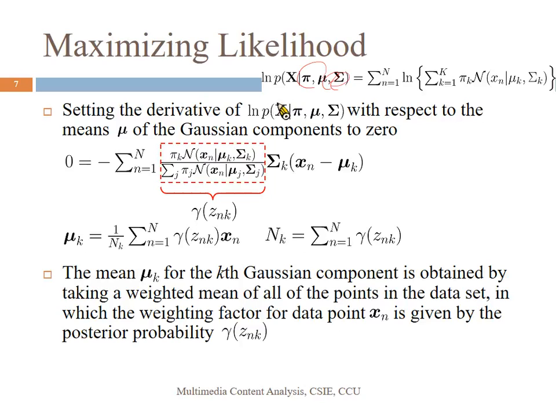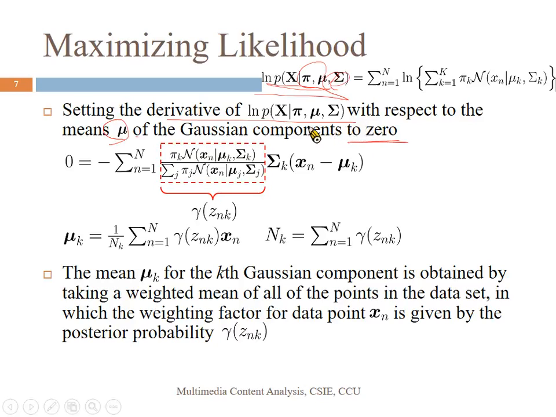Based on the log probability, we can divide the log probability of different Gaussian mixture components, and we try to find the best parameters to maximize the log likelihood. How do we do that? Based on some optimization theory, we can take the derivative of the log likelihood with respect to the means mu of the Gaussian component and set the derivative to 0.